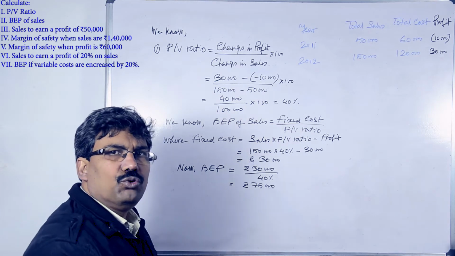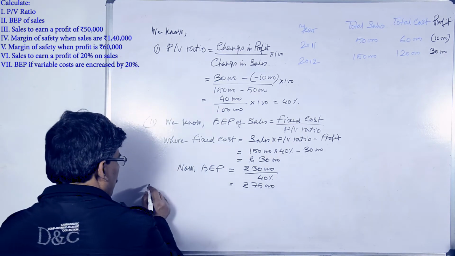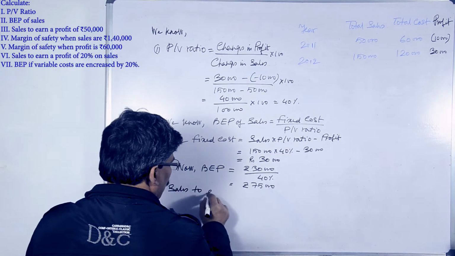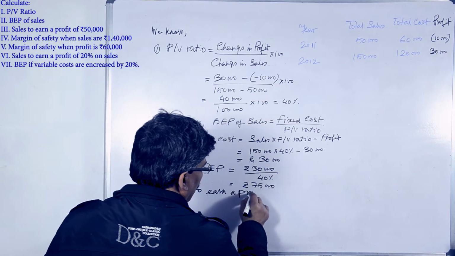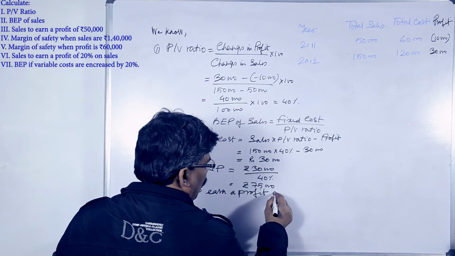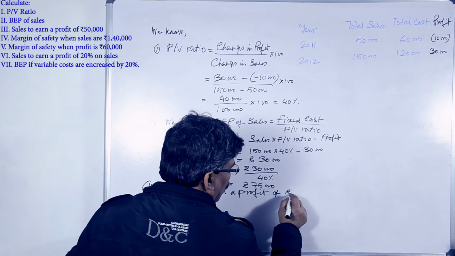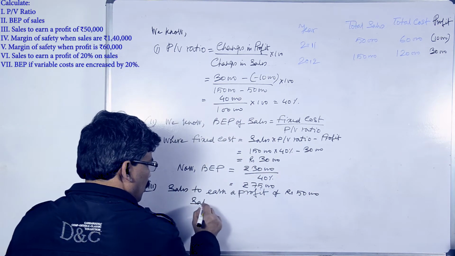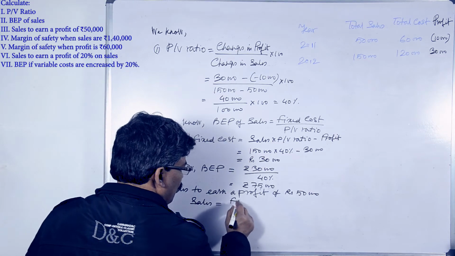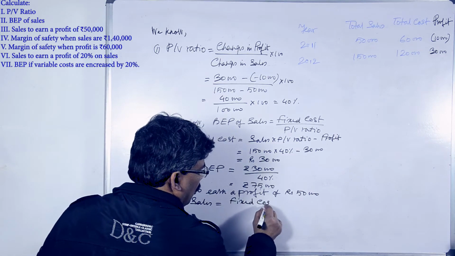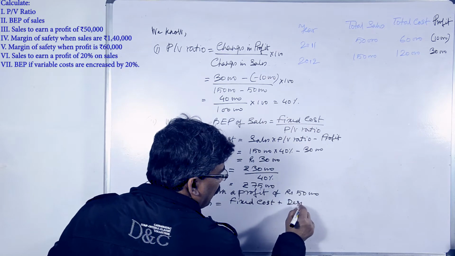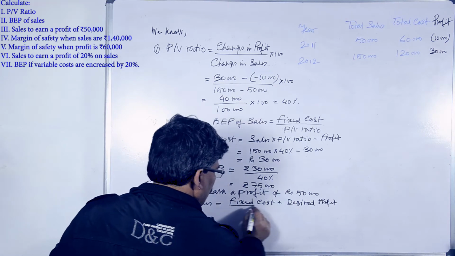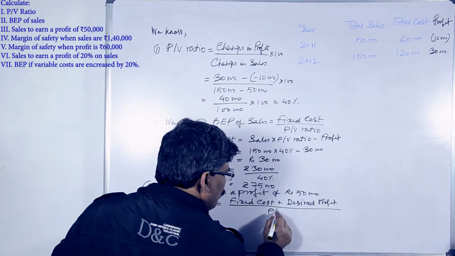Now we have to calculate sales to earn a profit of rupees 50,000. This is given in number 3. Sales to earn a profit of rupees 50,000: we know sales equals fixed cost plus desired profit divided by PV ratio.